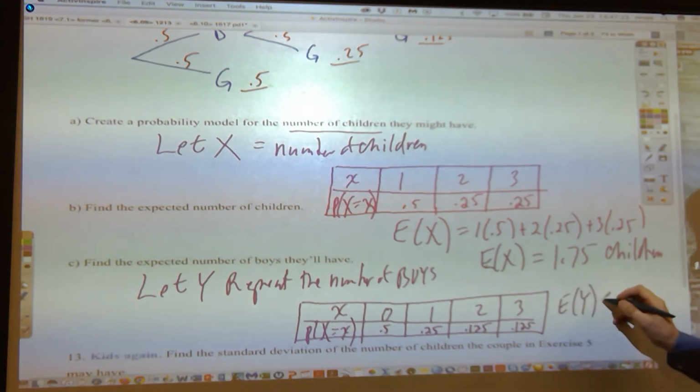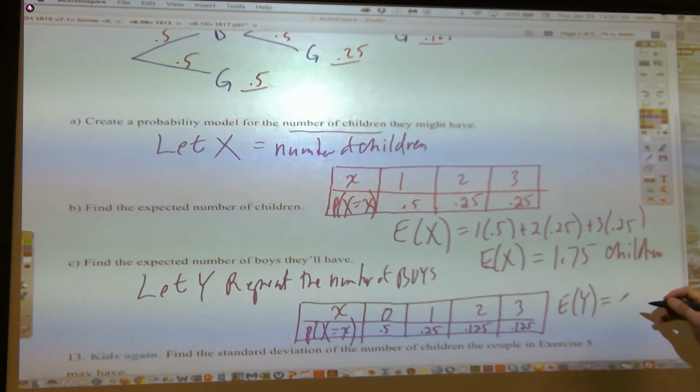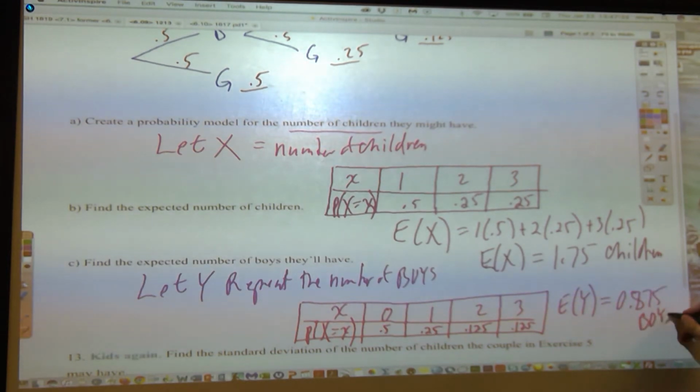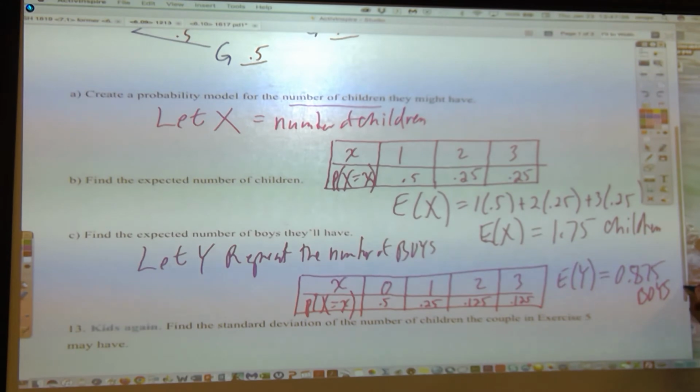Expected value of variable y. I think my last period class got something like 0.875, is that what you got? Yep. 0.875, not children, it's boys. Any questions on this one?